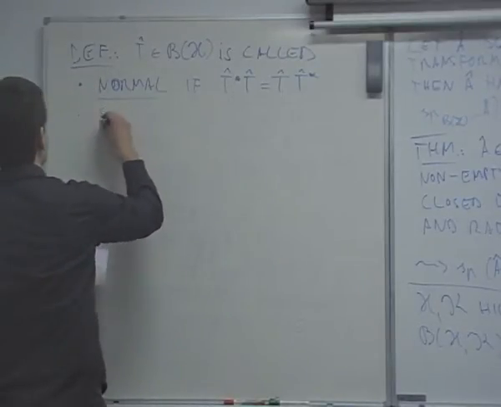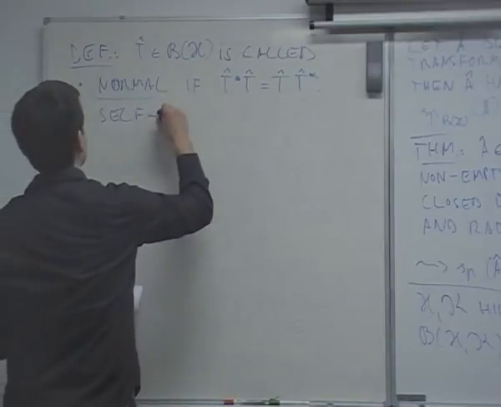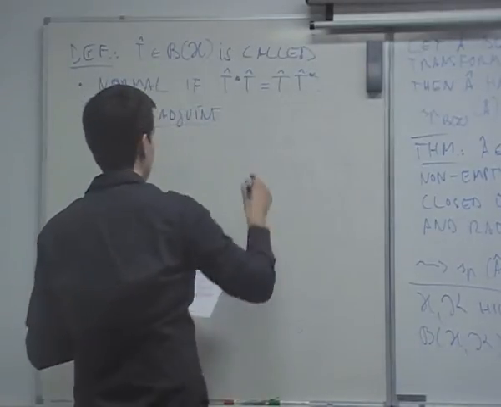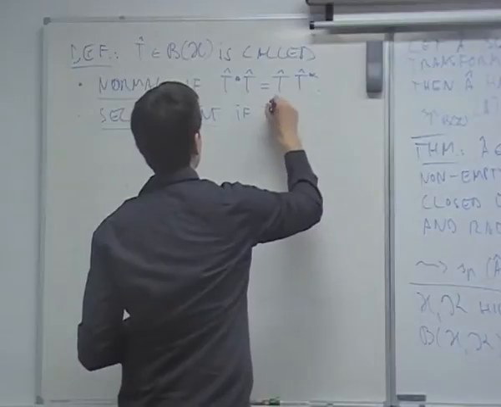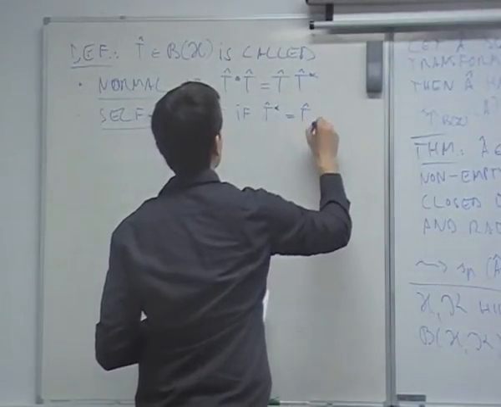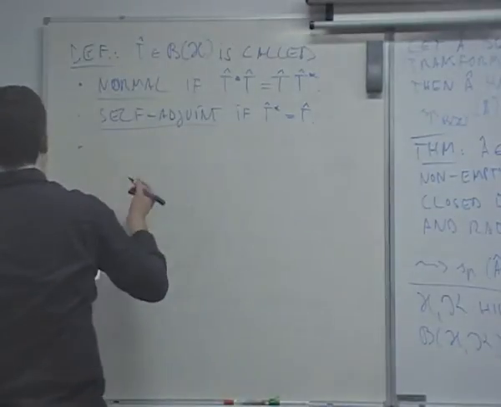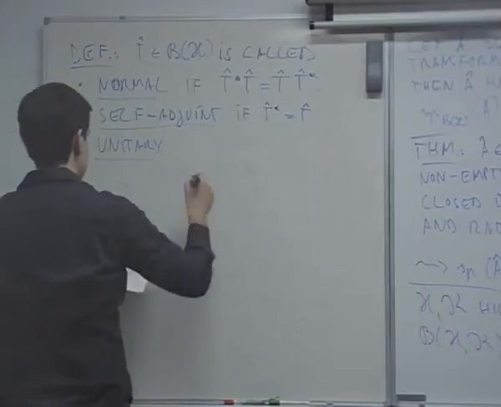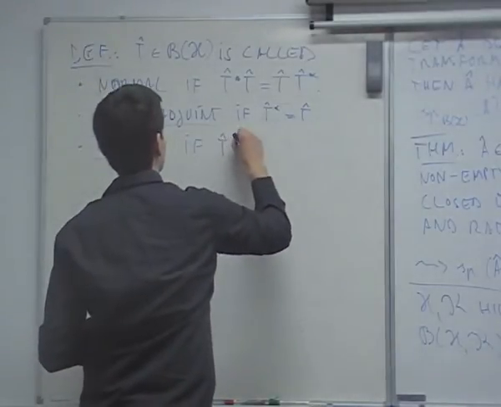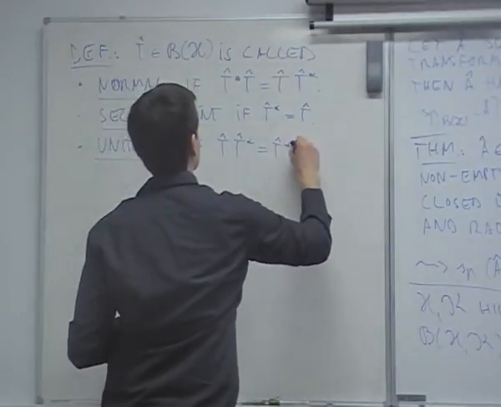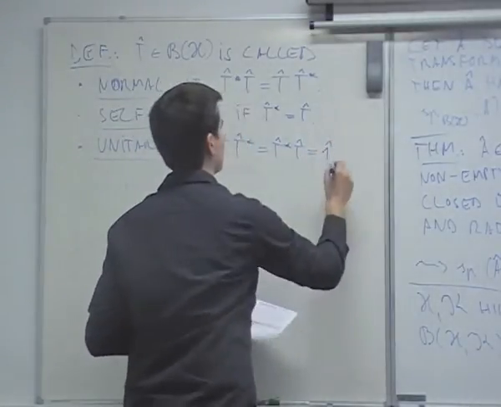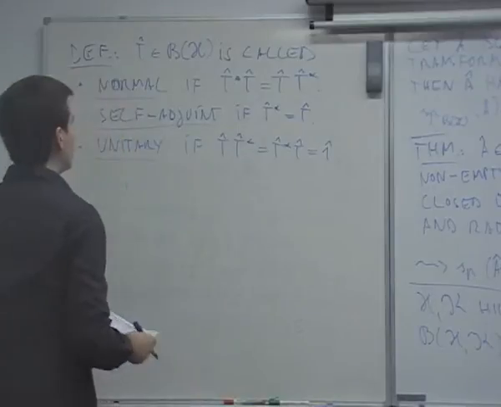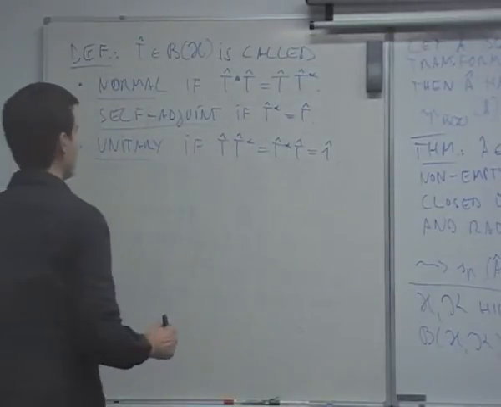Next notion is self-adjoint, if T* equals T. T is called unitary if T*T = TT* = the identity. So the adjoint is the inverse from both sides of T.